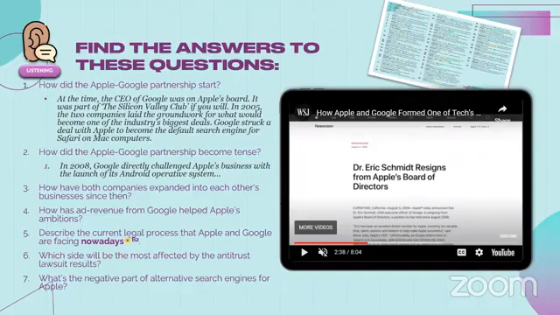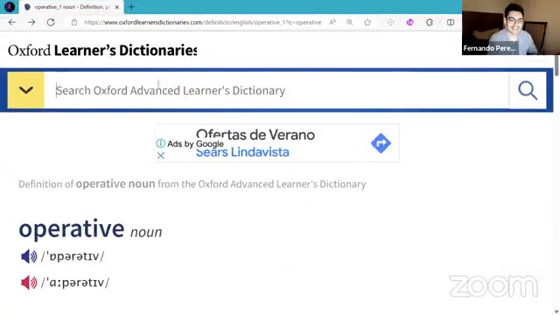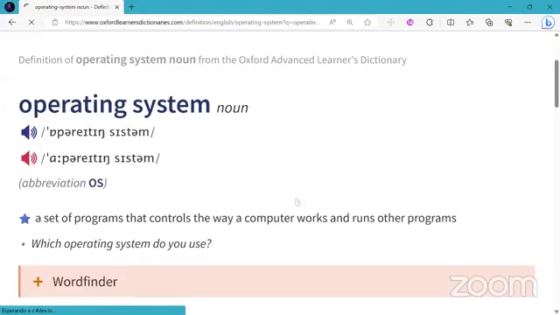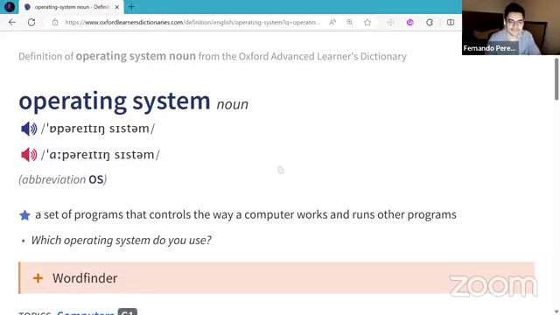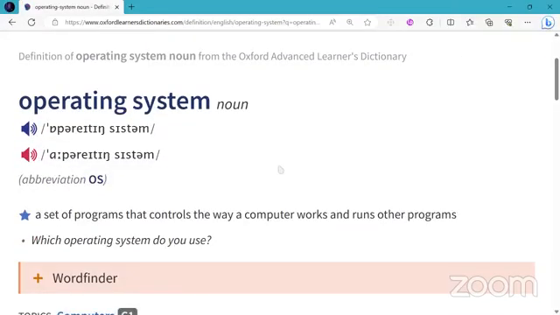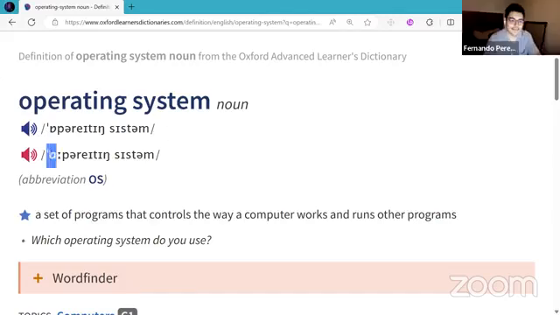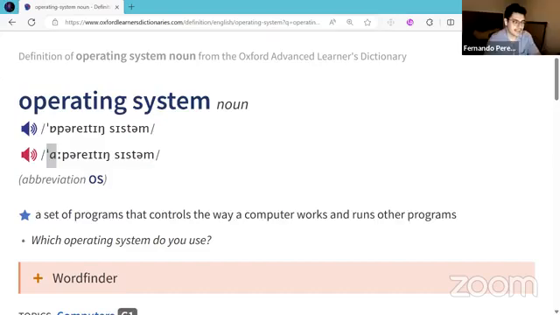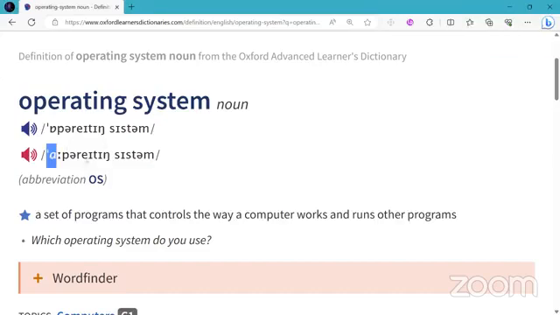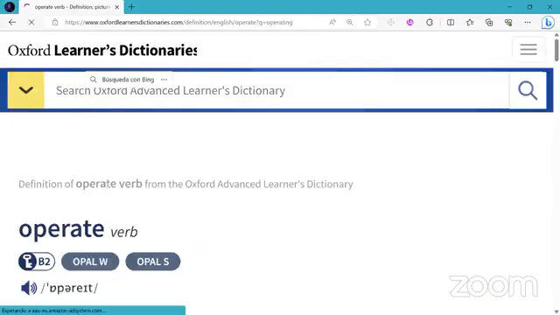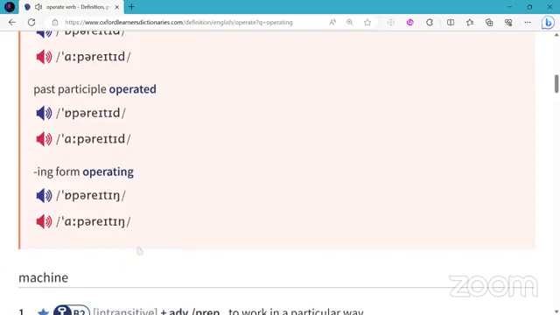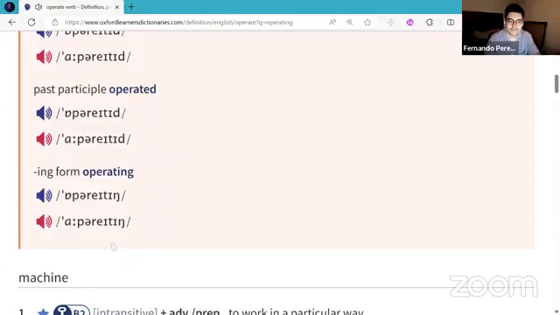I don't know now. Operate. Here it is. But it's operating. Operating. Correct. Operating.